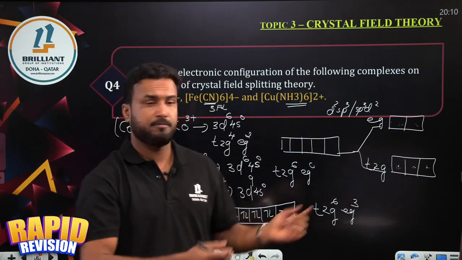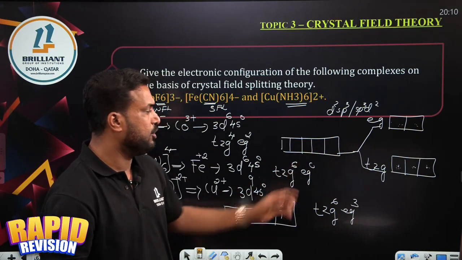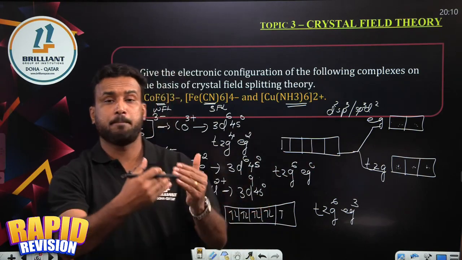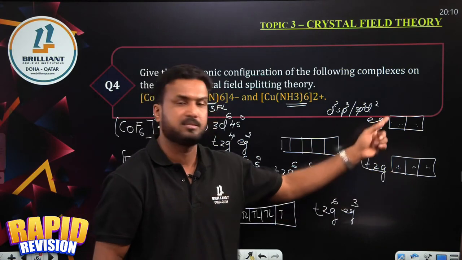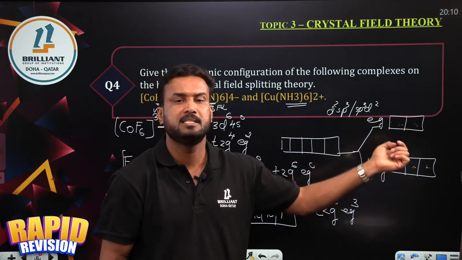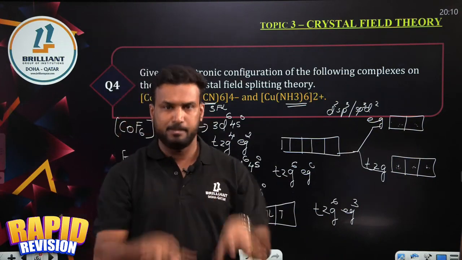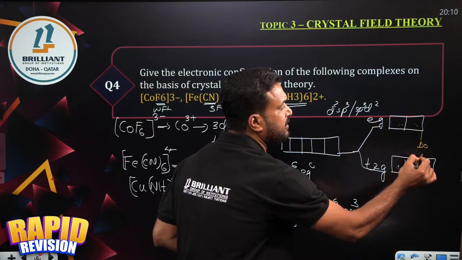The process of splitting up of degenerate d orbitals. What do we mean by degenerate d orbitals? The d orbitals have the same energy before splitting. So the process of splitting up of degenerate d orbitals into two sets, t2g and eg, is called crystal field splitting.